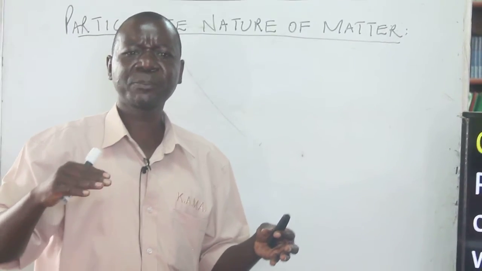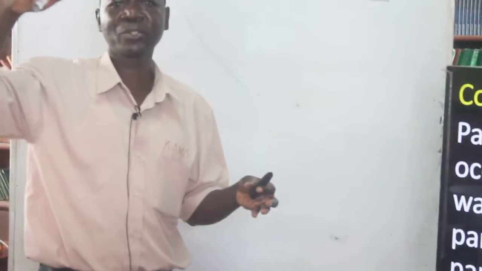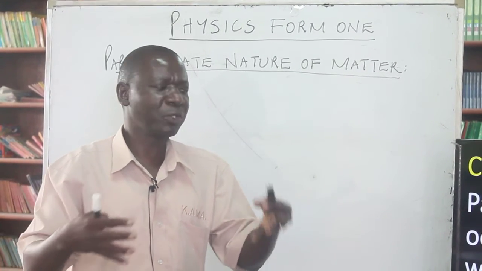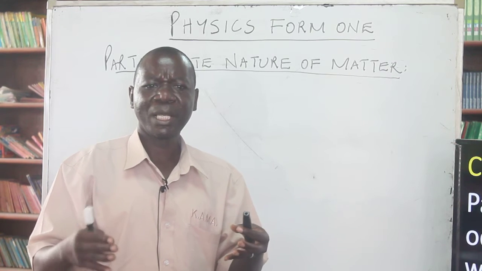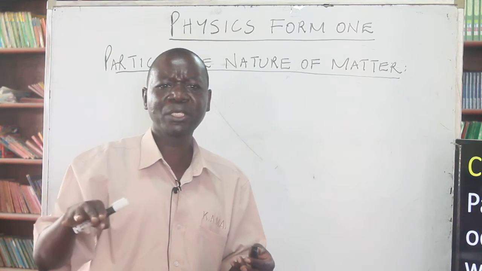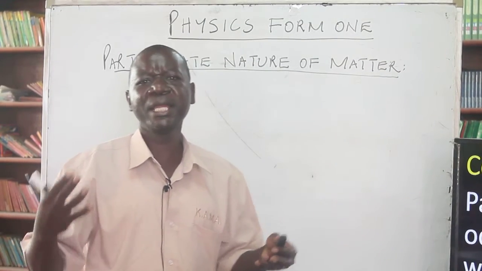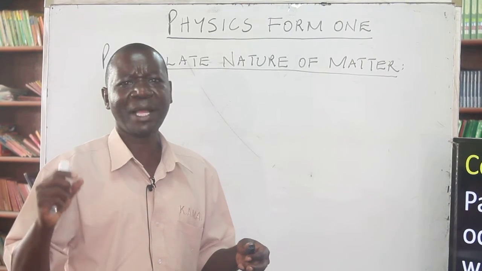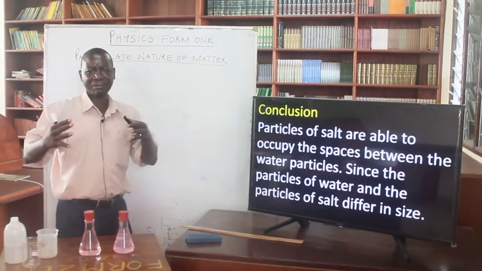We were expecting the solution to rise up, but instead the solution went down. It's because when the salt particles occupy the spaces between the water particles, the level went down. The particles of salt and the particles of water differ in size. But remember, the particles of water have some spaces.